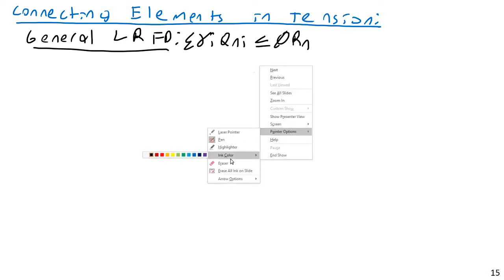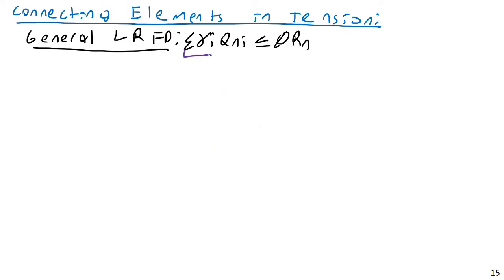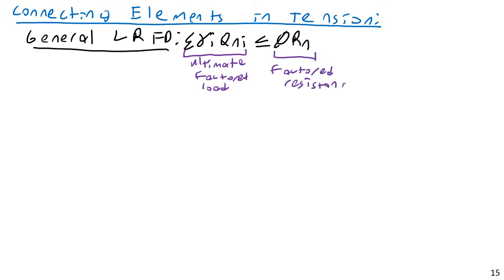The left side is going to be our ultimate factored load, and the right side is going to be our factored resistance. The factored load is produced through various load combinations, 1.2 dead plus 1.6 live, that kind of thing, or 1.4 dead, etc. And for factored resistance, you'll have your resistance factor.